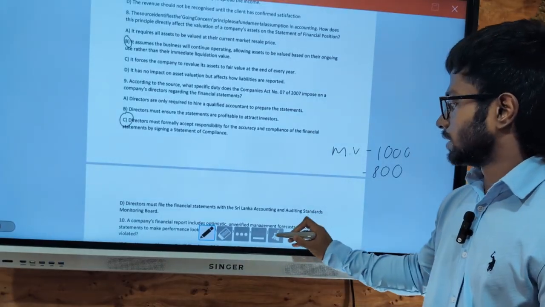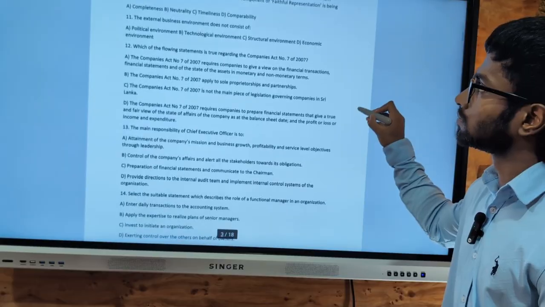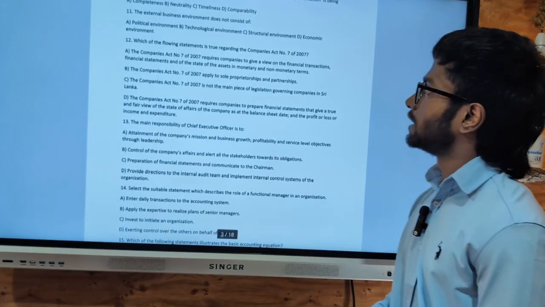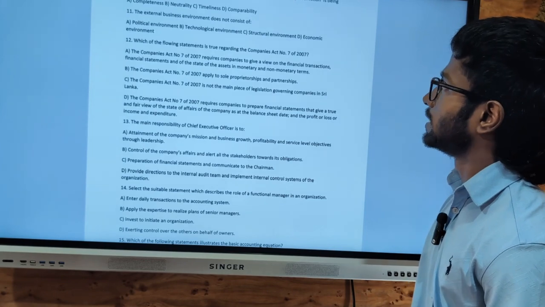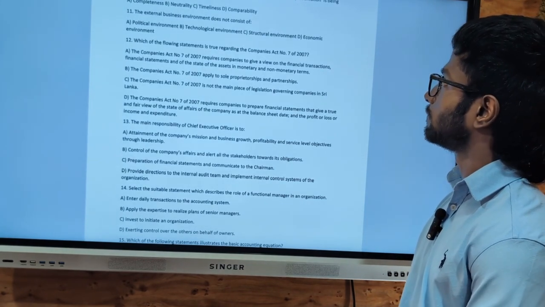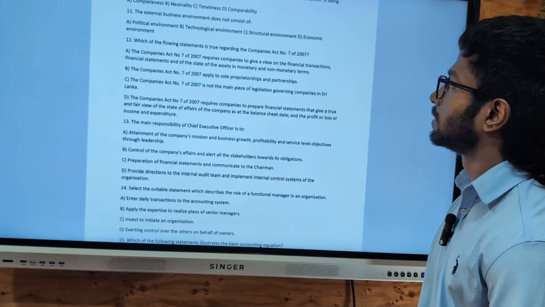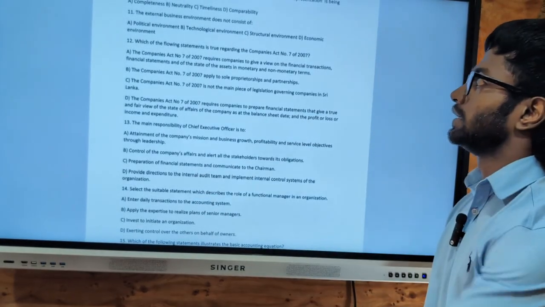We can move on to the next section then. A company's financial report includes optimistic, unverified management forecasts, in its main statements to make performance look better. Which component of faithful representation is being violated?